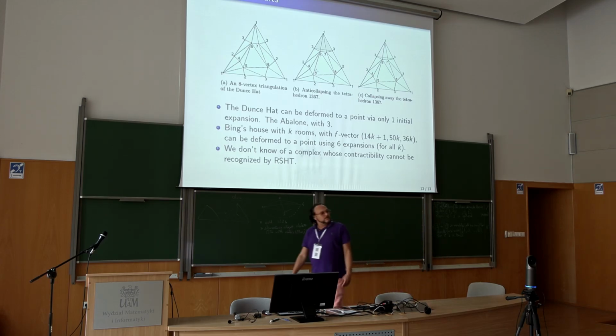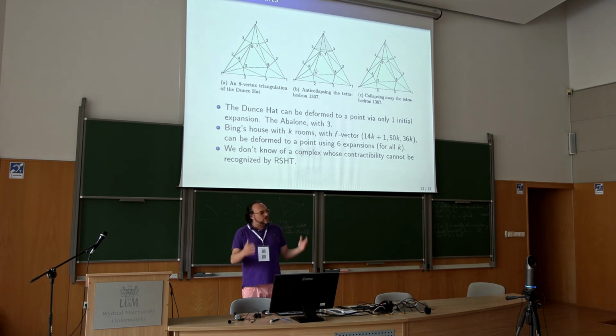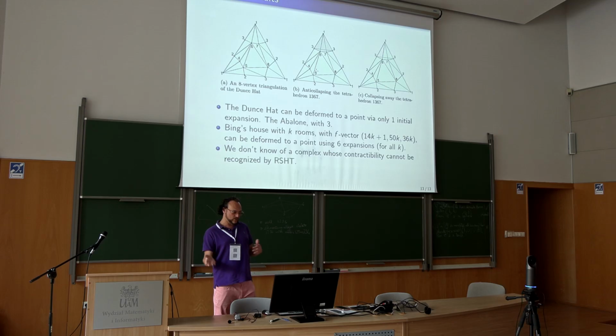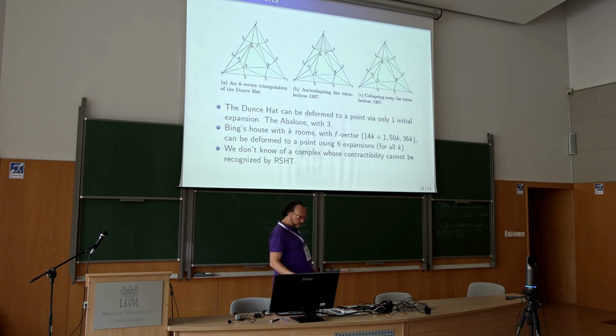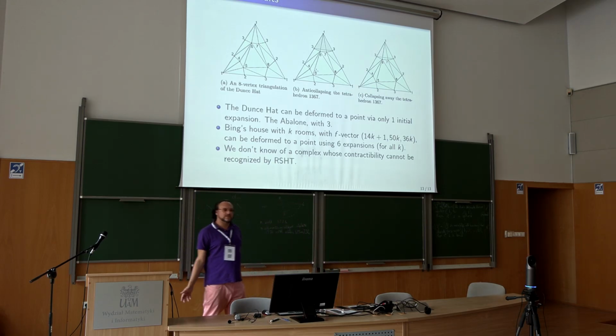Whitehead says any contractible complex can be reduced to a point by a sequence of collapses and anti-collapses, full stop. It doesn't say that you do anti-collapses only when you're stuck doing collapses, and you go up only 1 in dimension. If you keep adding conditions, it becomes false at some point.